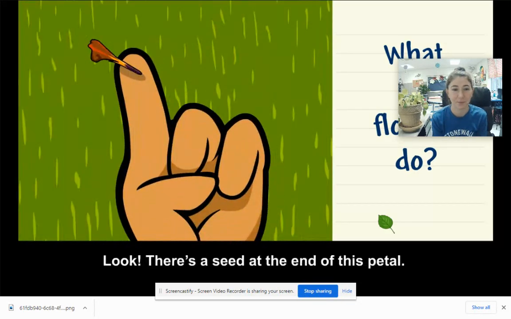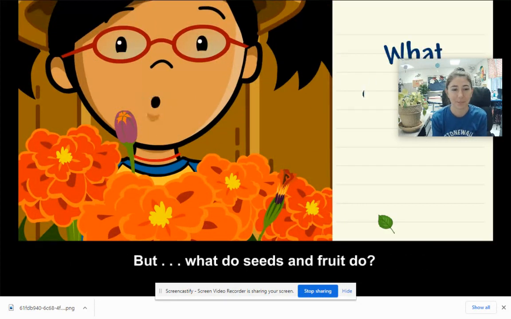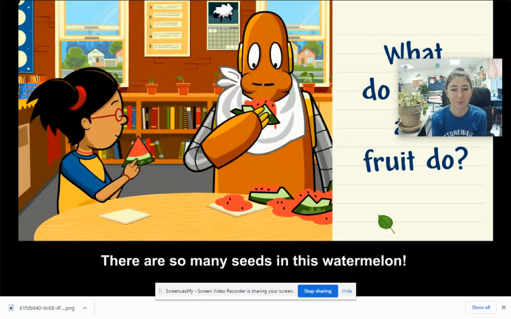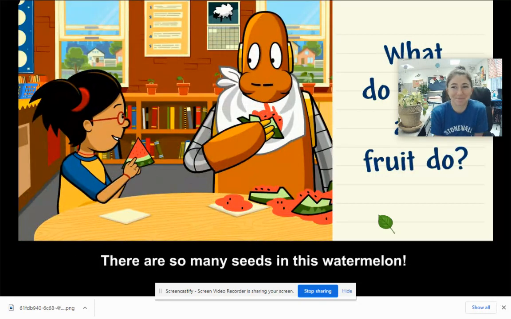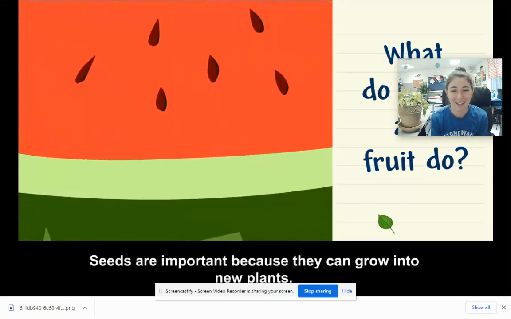Look, there's a seed at the end of this petal. I guess flowers help the plant make seeds and fruit. But what do seeds and fruit do? There's so many seeds in this watermelon. That makes me hungry. Seeds are important because they can grow into new plants.